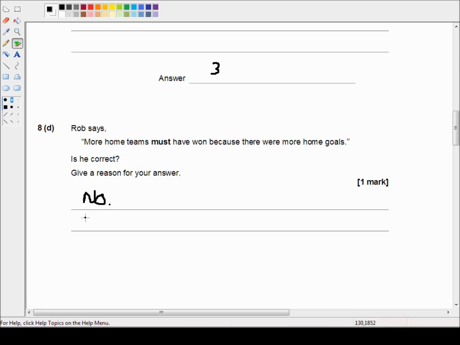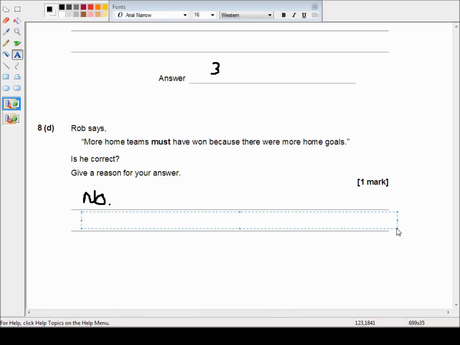And let's try and work out how to word this. I'm actually going to type it. Not necessarily.